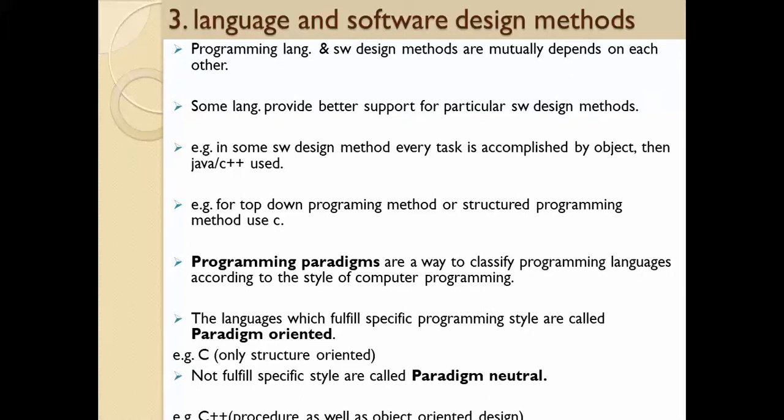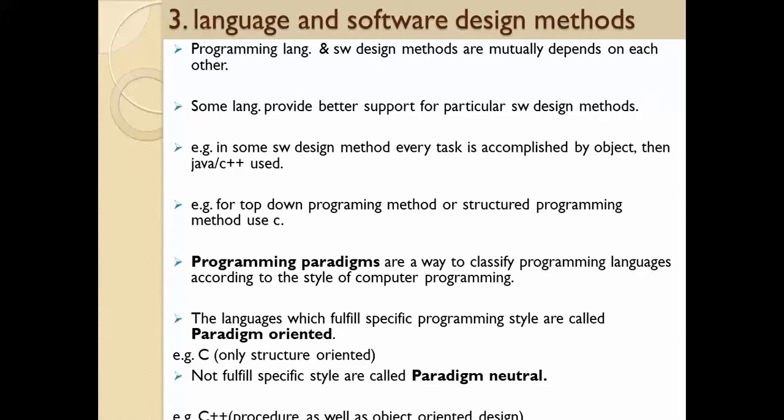So these are the two categories of the programming paradigm. Programming paradigm is nothing but a way to classify programming languages according to the style of computer programming, and we can classify it into paradigm oriented and paradigm neutral.